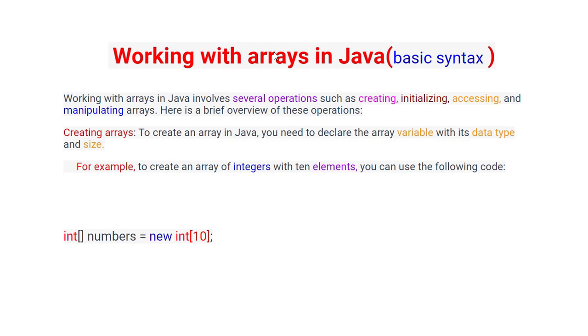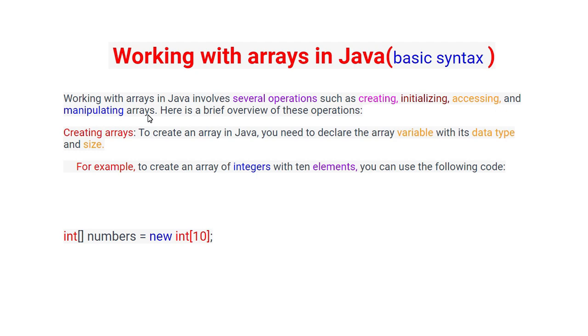Working with arrays in Java, basic syntax. Working with arrays in Java involves several operations such as creating, initializing, accessing and manipulating the array. You know how to create an array, how to initialize it, and how to access it, but you still don't know how to manipulate an array.